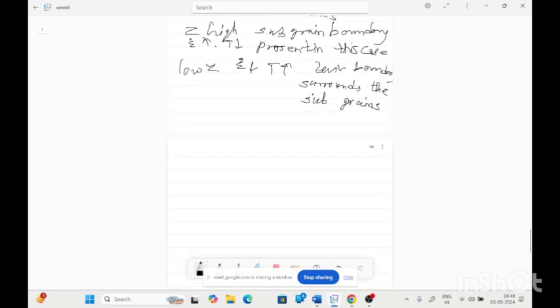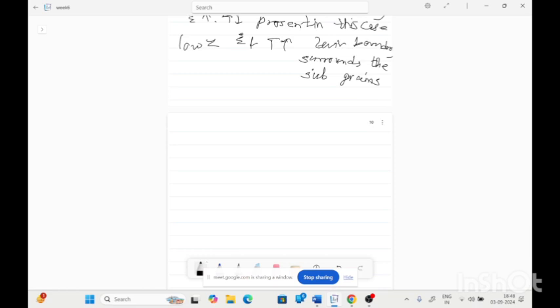So how we will see the mechanism that how the grain boundary bulging happens. So if this is a grain, so this grain boundary will start to migrate along this direction.